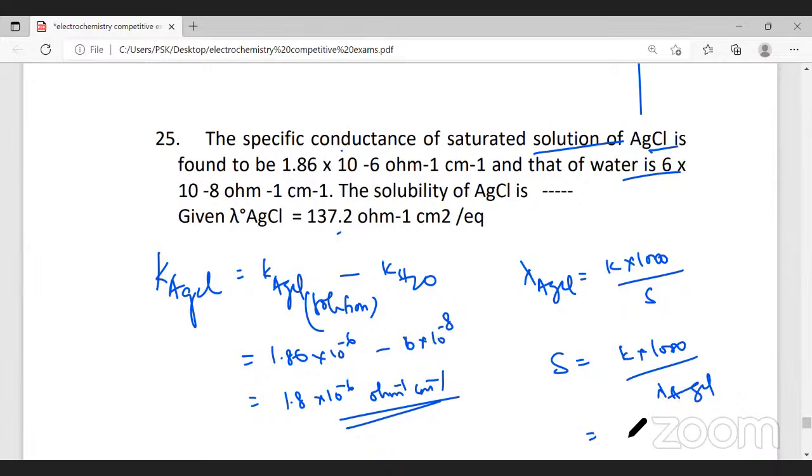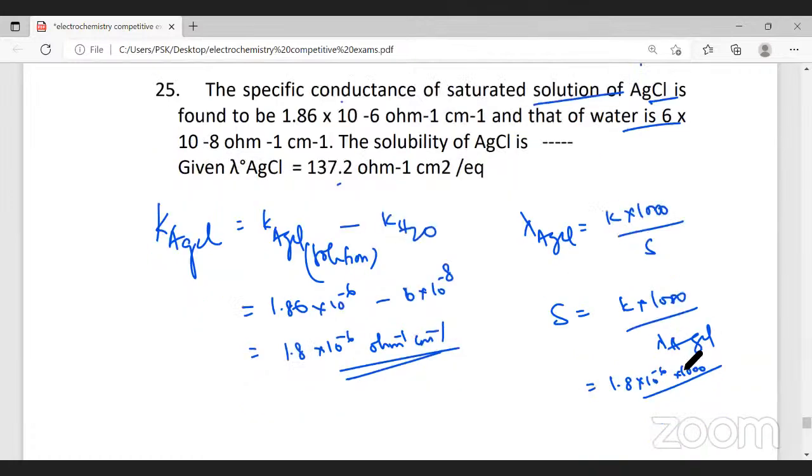Specific conductance we found here, K, 1.8 into 10 to the power minus 6 into 1000 divided by the equivalent conductance of silver chloride. They've given you the equivalent conductance at infinite dilution as 137.2. On simplification, we will get 1.31 into 10 to the power minus 5 molar.